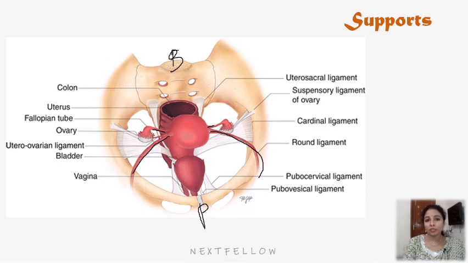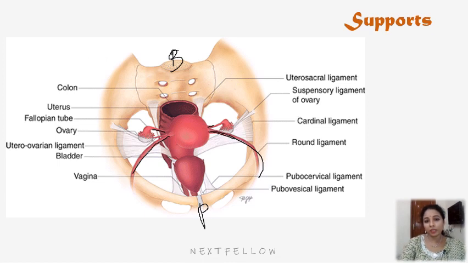So the round ligaments of the uterus are a pair of fibromuscular bands which lie between the two layers of the broad ligament. It begins at the lateral angle of the uterus and passes forward and laterally between the two layers of the broad ligament.